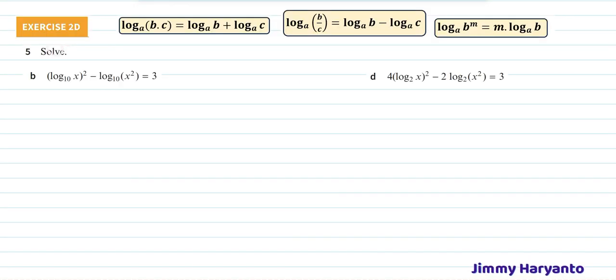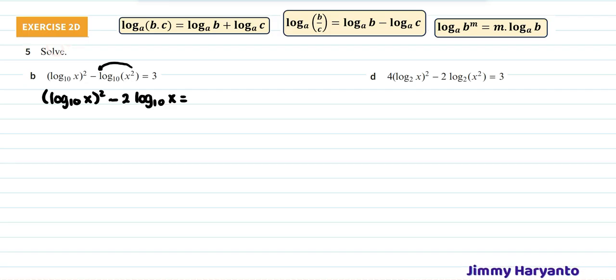Okay, next is question 5b. For question 5b, I want to move this to the front first. So I will have logarithm 10x squared minus 2 logarithm 10x equals 3. And then as you can see, we have common factors right here. And one of them is squared.